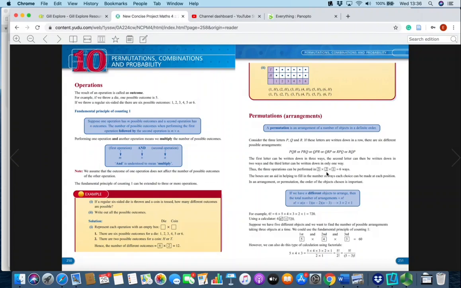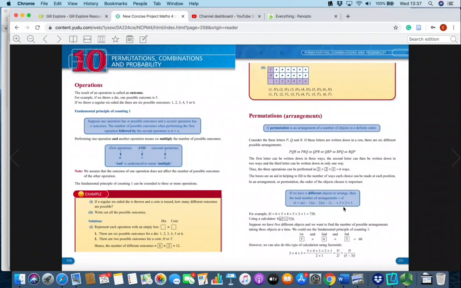Now I have those 2 letters in place, so I'm down to just 1 option for the third letter. So 3 by 2 by 1 is 6 ways that those 3 letters can be arranged. Again, the boxes are an aid in helping to fill out the number of ways each choice can be made. And I'll come back to the boxes again and again as I go down through this.